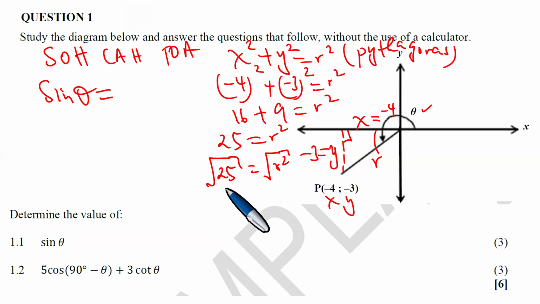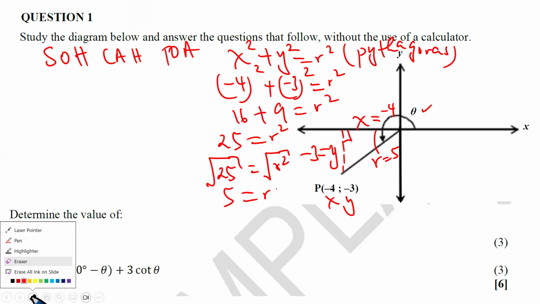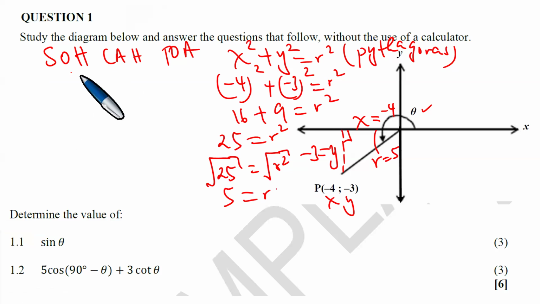The square root of 25 gives us 5, equals r. And here we have r equals 5. What is then the sine of theta at this point? The sine of theta, according to SOHCAHTOA, is opposite over hypotenuse, and it is minus 3 out of 5.